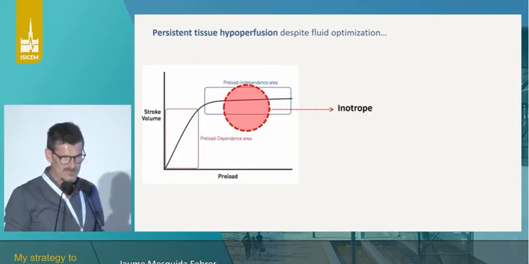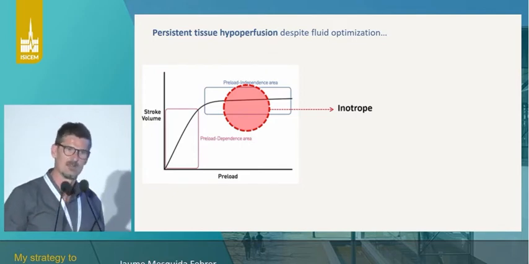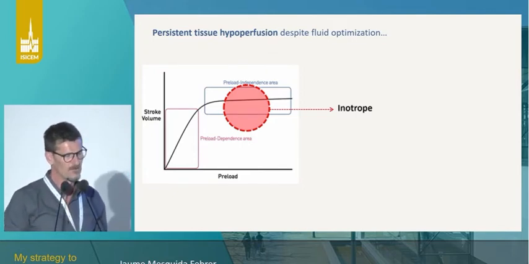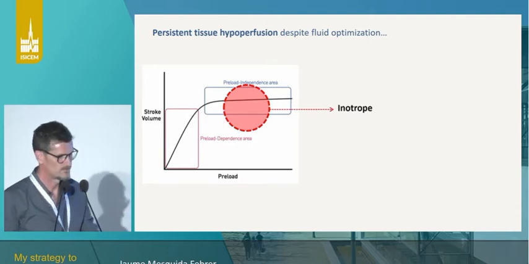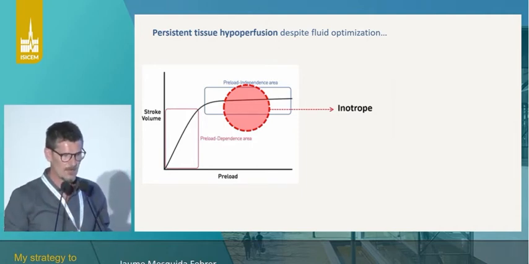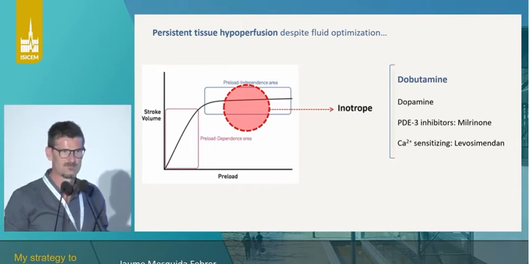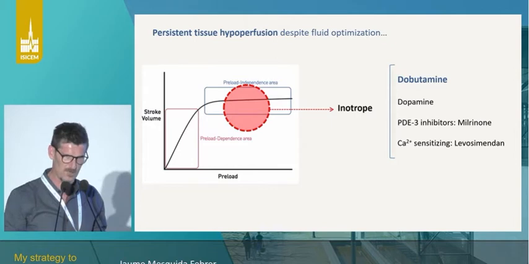So let's assume we just optimized the fluid status of the patient, but still we have tissue hypoperfusion, and we have to use an inotrope. We have different inotropes, and I will just talk about one of them.